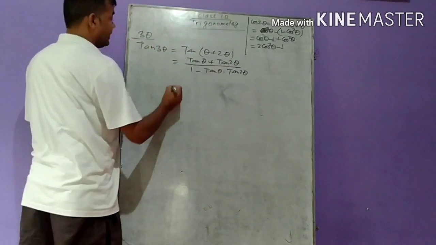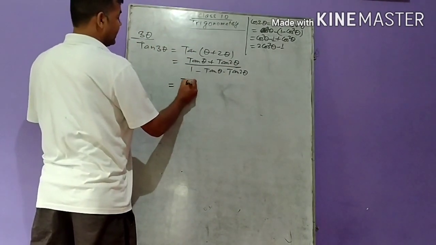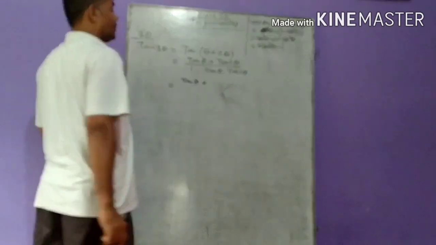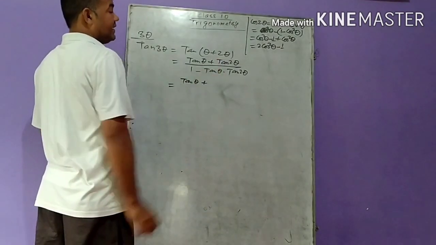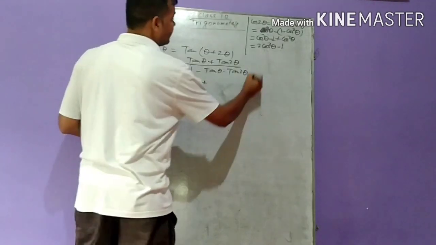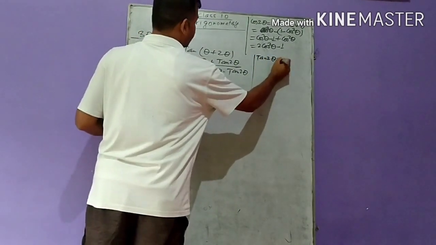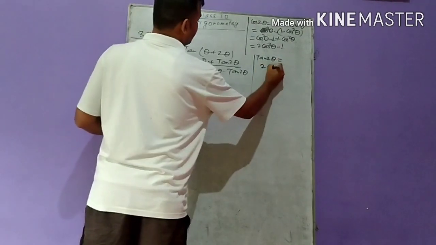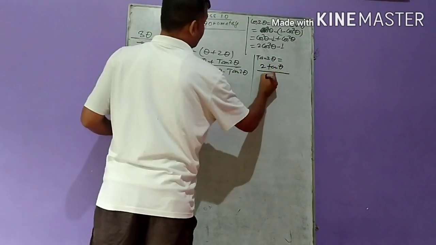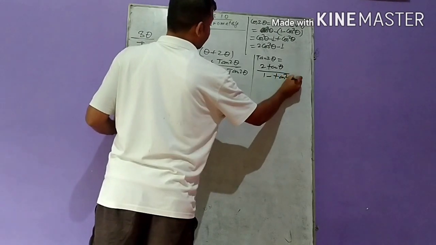Now we can write here tan theta plus tan 2 theta. We have already obtained these identities in our previous explanation. Tan 2 theta means how much, children? Just to remember, it is 2 tan theta upon 1 minus tan square theta.